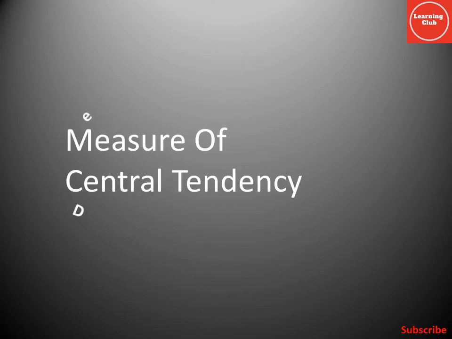The topic of today's video is measure of central tendency, which is one side of descriptive statistics. As we have seen in our previous video, there are some graphical methods which are used to describe data. But those methods can only show the similarity between the frequency distribution of the observed sample and the theoretical distribution of the population.